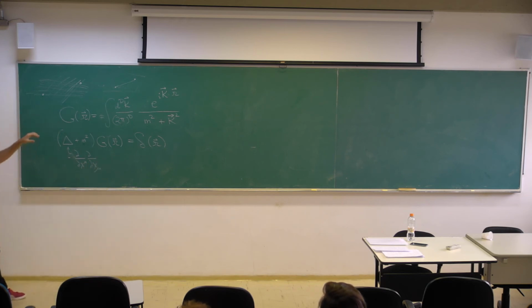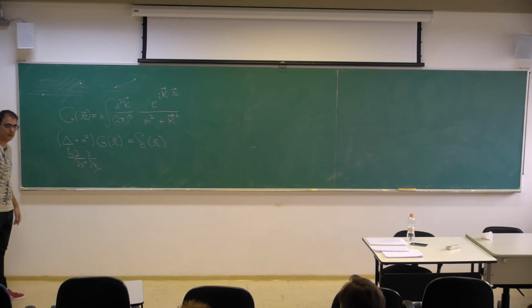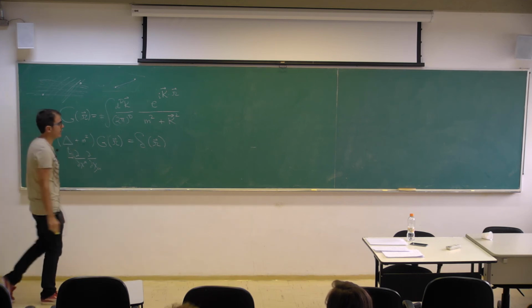Each derivative you take brings down an ik. You take two, you get ik squared, which is minus k squared. You want plus k squared, so you put an extra minus. And now this is the equation that this propagator satisfies.